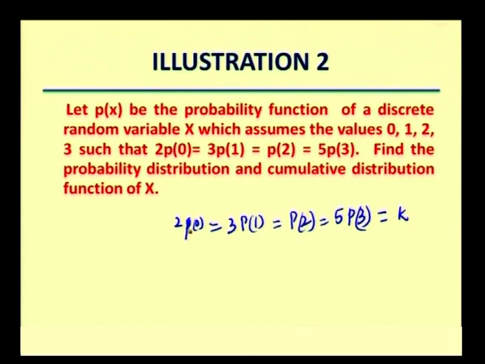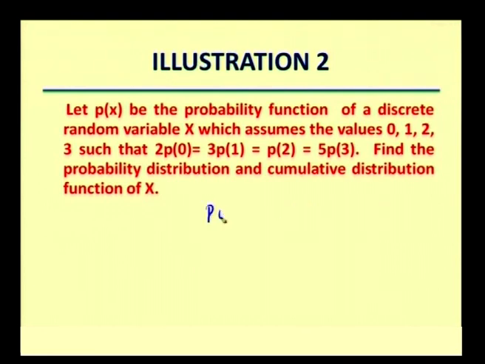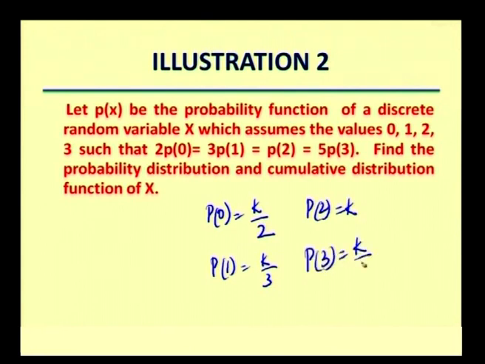Now, equate it separately. 2 times P of 0 is equal to k, then 3 times P of 1 is equal to k, P of 2 is equal to k and 5 times P of 3 is equal to k. So, P of 0 is equal to k by 2, P of 1 is equal to k by 3, P of 2 is equal to k, and P of 3 is equal to k by 5.